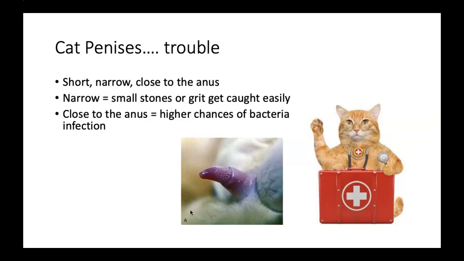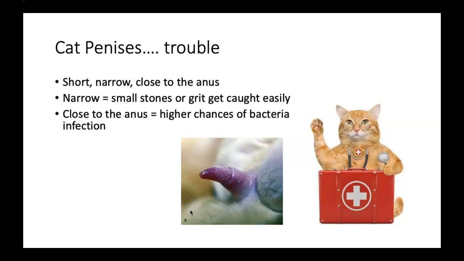So problems with cat penises. They are short, the urethra is narrow, and they're very close to the anus. So we've got the anus as the most dorsal in the caudal aspect of their body, and then we have testicles, and then we have their little penis. They're narrow, so the urethra narrows. So what ends up happening if they have sand in their bladder or if they have bladder stones, these small tiny little stones or grit can get caught easily in the narrow tip of their penis.